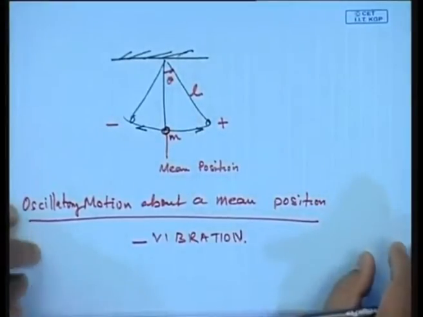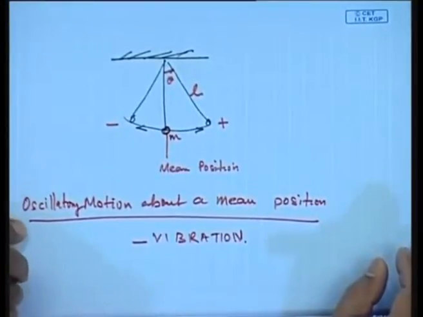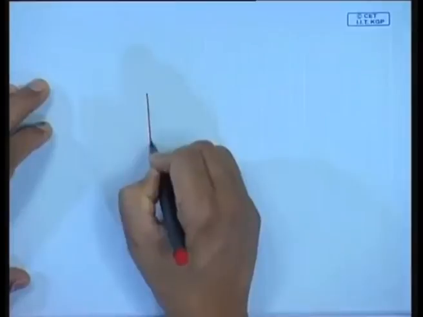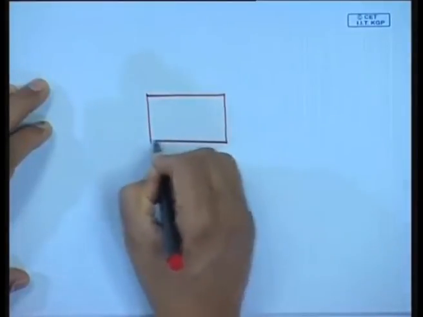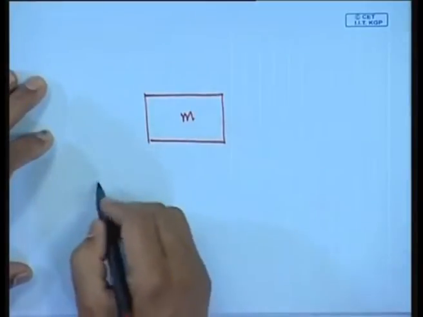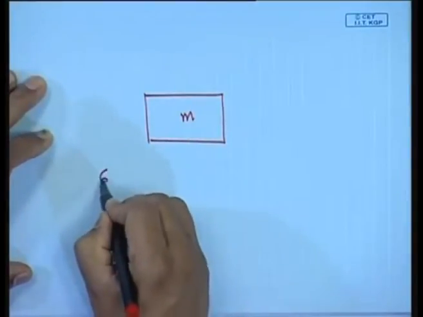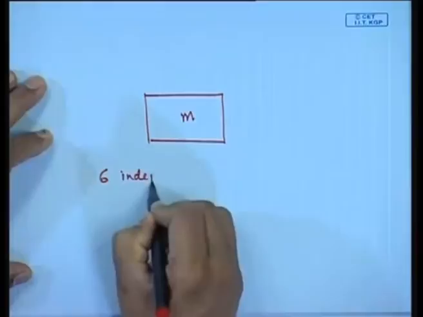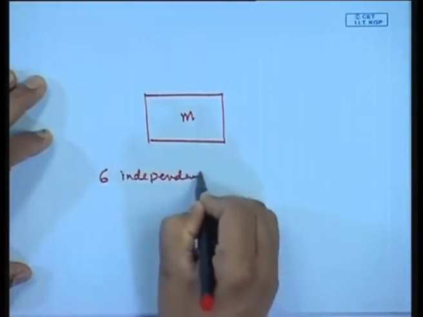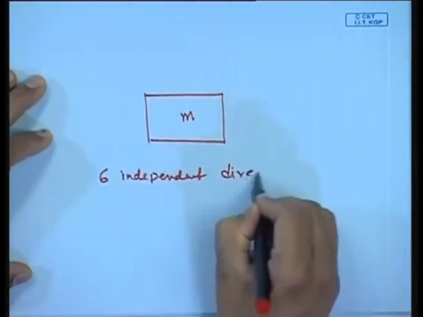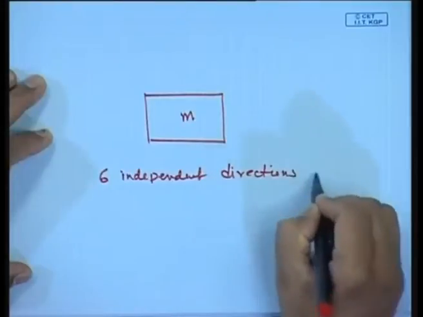Well, this motion can have direction. If I take a body, say of mass m, in space, this body can have 6 independent directions of motion.